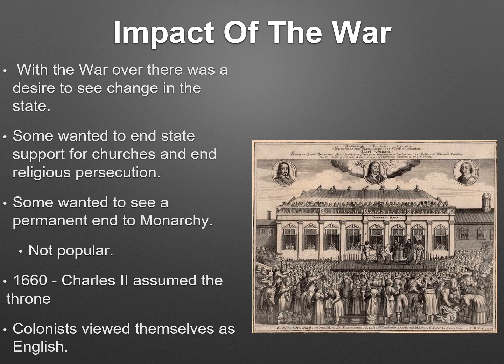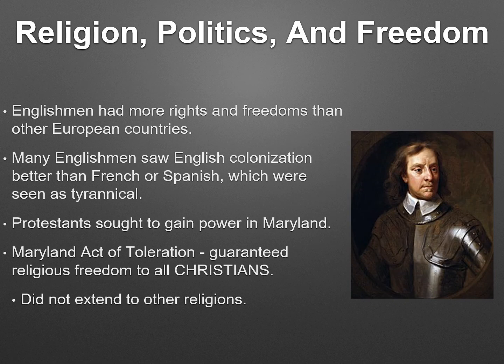Because even though they're separated from England by an ocean, they still see themselves as British citizens. And they're not members of a community, they're not members of the town as much as they are British people who just happen to be living in this new colony.